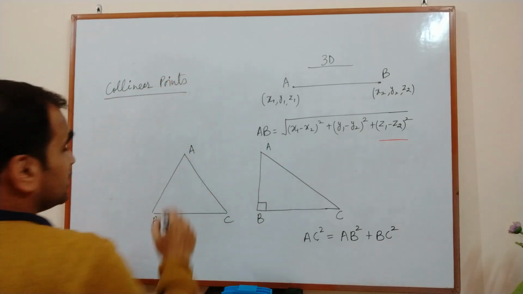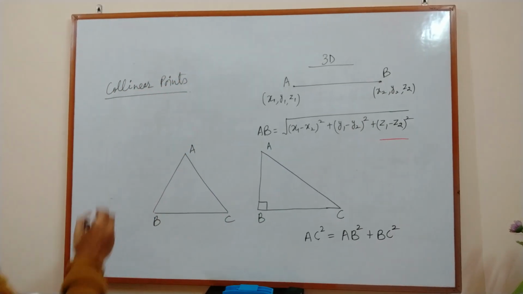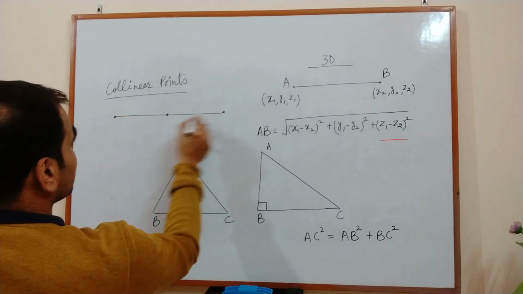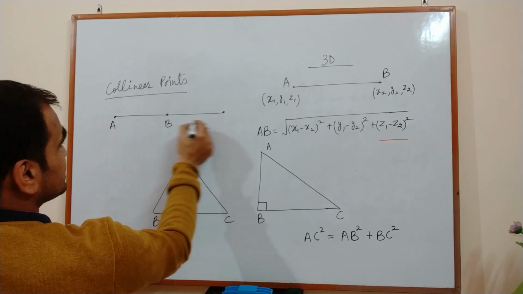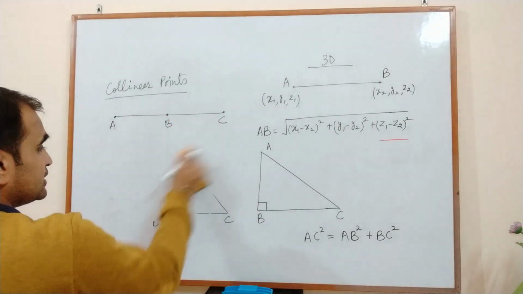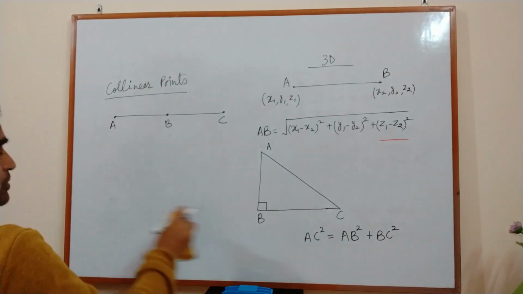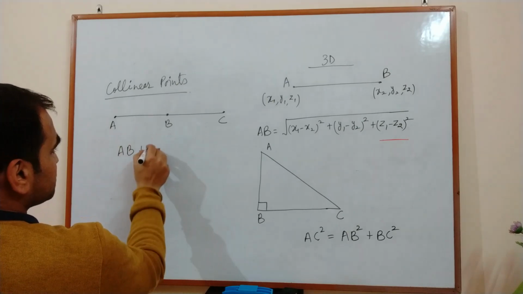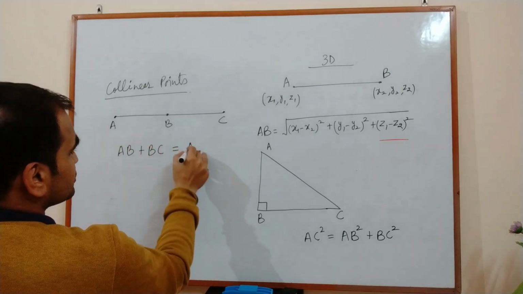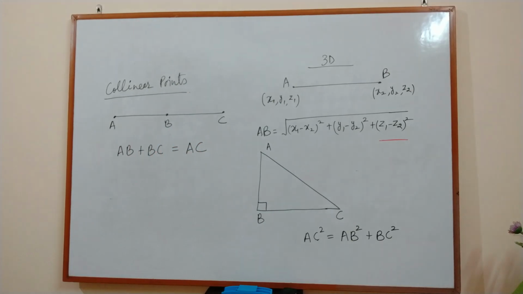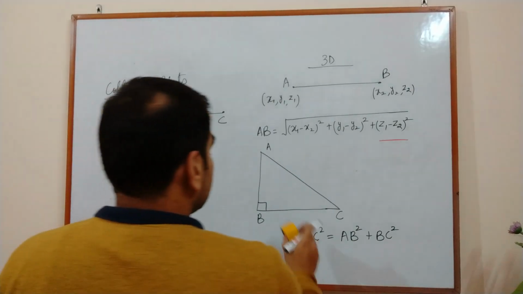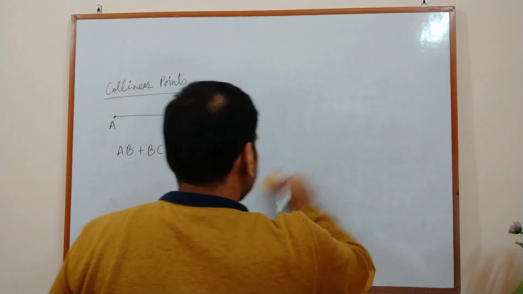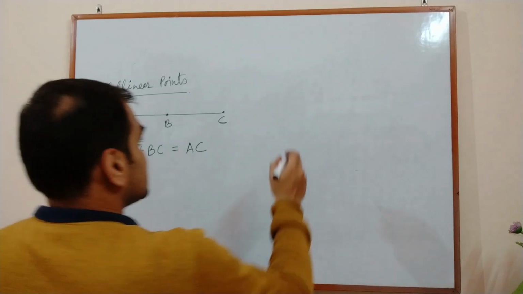If you have 3 points and you want to check whether the points are collinear or non-collinear, suppose this is A, this is B and this is C. If these points are collinear, in that case the condition should be that the distance between A and B, plus the distance between B and C, should be equal to the distance between A and C. So the distance formula is helpful in checking for collinear points as well. So now come to the exercise, that is 12.2.